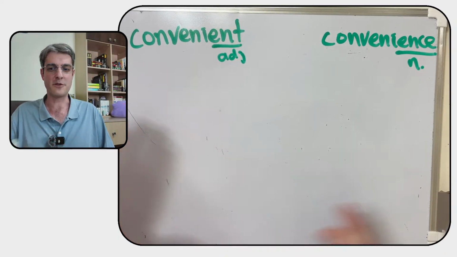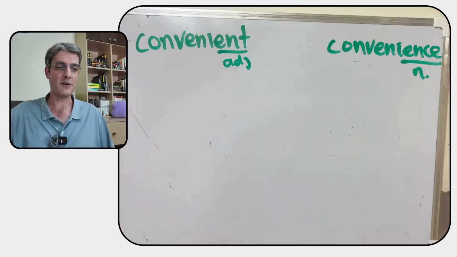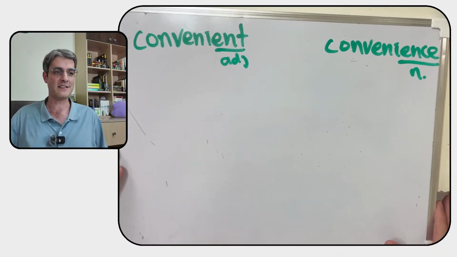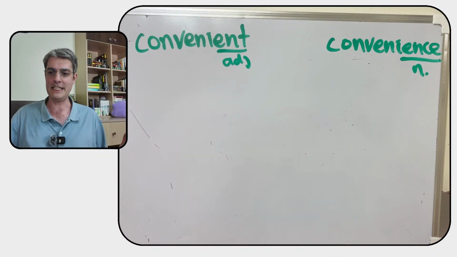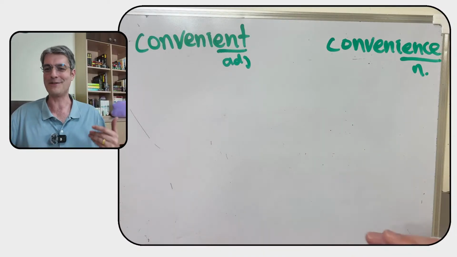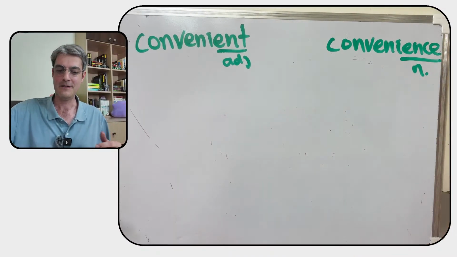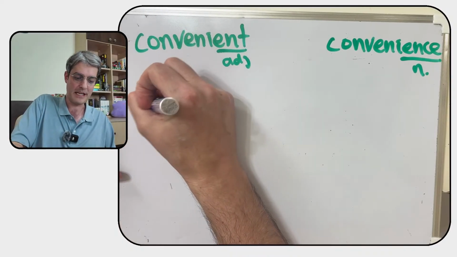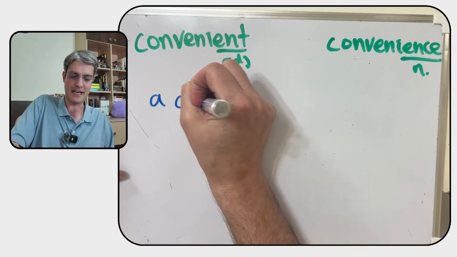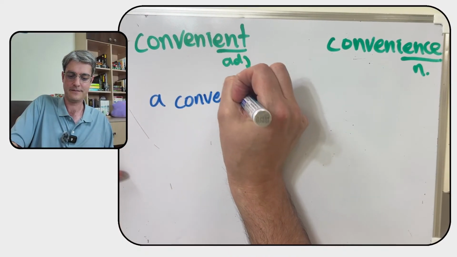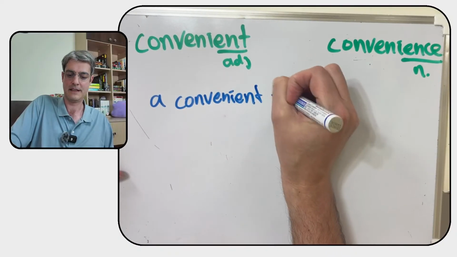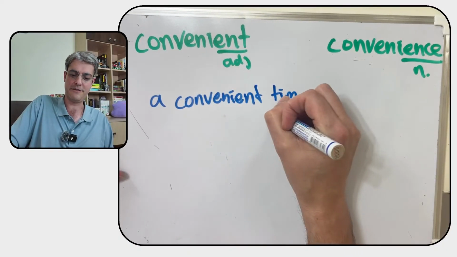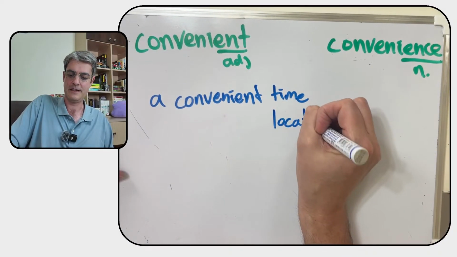And this just means, of course, easy or useful for your situation, to be convenient. And if something has convenience, it's the quality of being useful or easy. So we often talk about something, an appointment maybe, having a convenient time. Or maybe a convenient location.